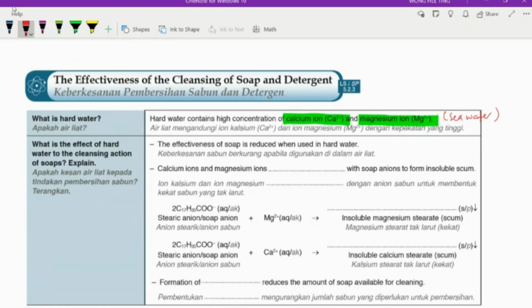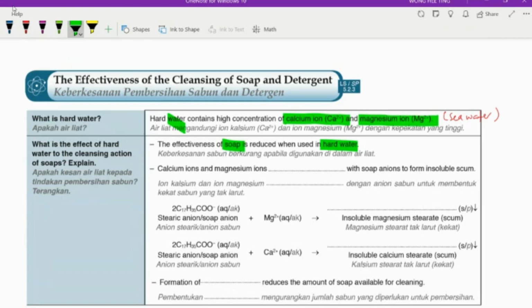Now, what is the effect of hard water on the cleansing action of soap and detergent? There are some things that you need to know. The effectiveness of the soap is reduced when you use hard water. In other words, soap is not effective in hard water. Okay, why?